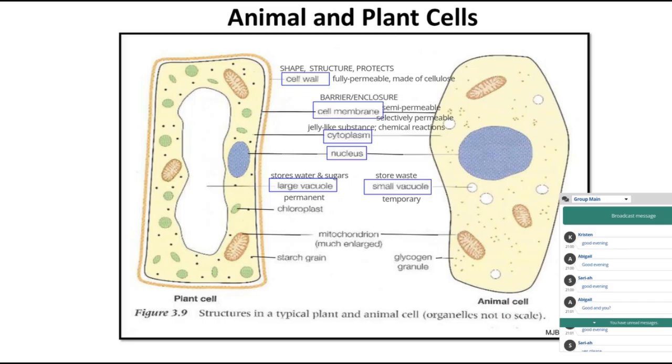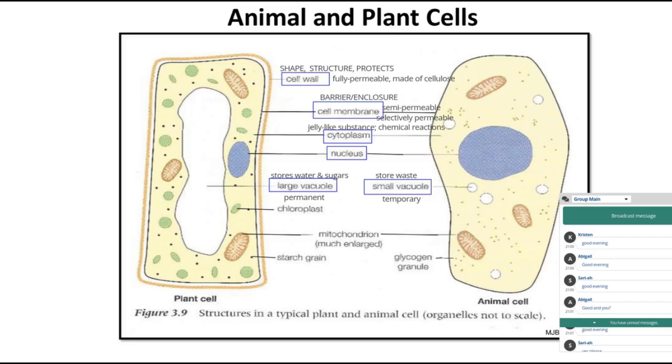They don't last in the cell all the time. They're not going to be there all the time because as waste is being removed, they will disappear. So those are the differences between the vacuoles in the plant and the animal cell.